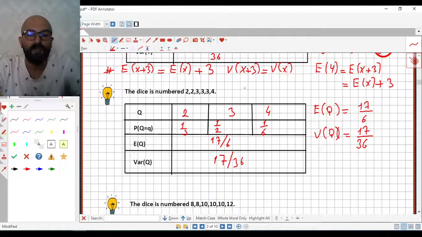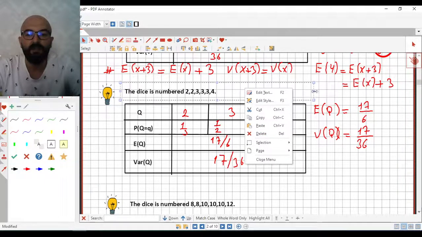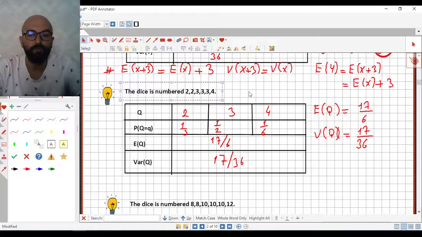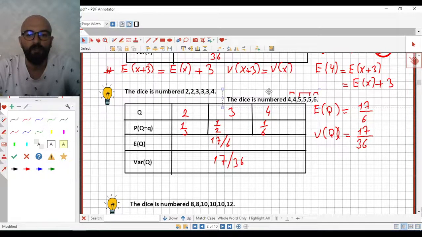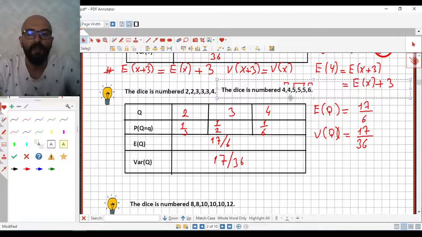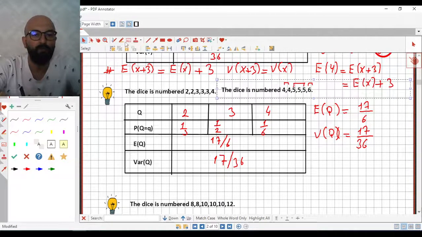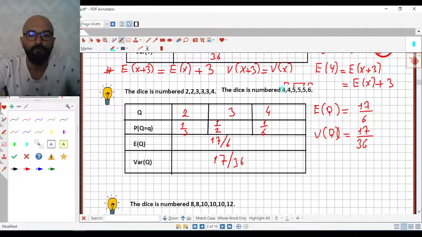As you notice, compare with the first example: in the first example, our values are 4, 4. In the second, 2, 2.